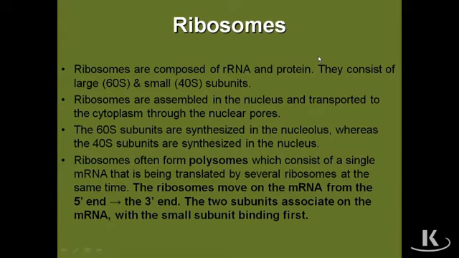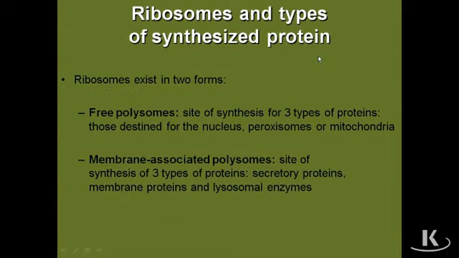The important point about these polysomes and ribosomes, they exist in two forms. The bound polysomes are those that are attached to and functionally associated with the endoplasmic reticulum. The free polysomes are situated in isolation in the cytoplasm and not associated at all with the endoplasmic reticulum.